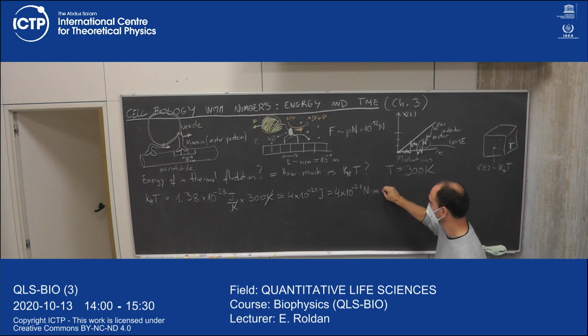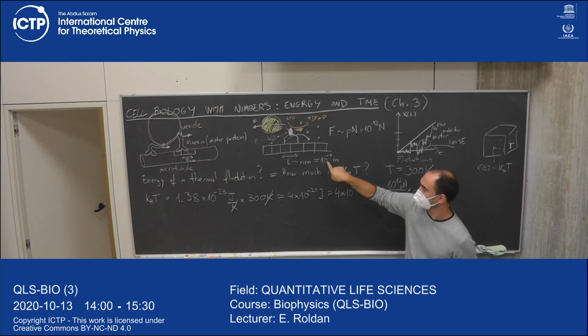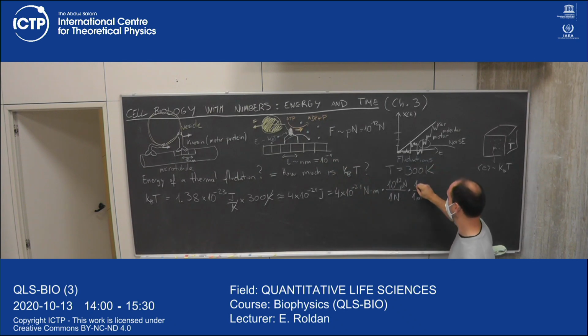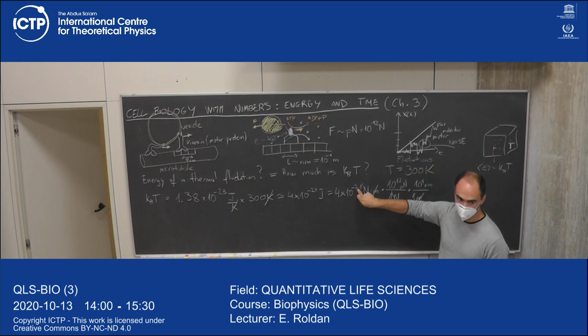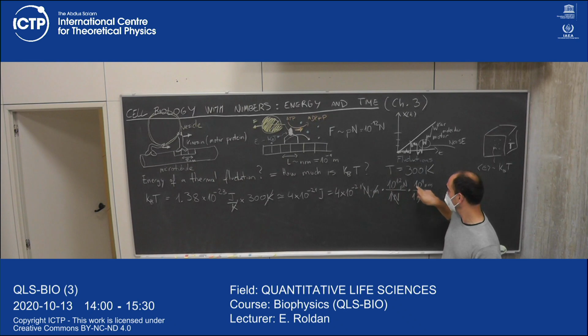Then what I will do is say 1 newton is 10 to the 12 piconewtons, and 1 meter is 10 to the 9 nanometers. So I keep the newtons, keep the meters, and I have piconewton nanometer. And look at this, because 10 to the minus 21, 10 to the 12, 10 to the 9, this is 10 to the 21.